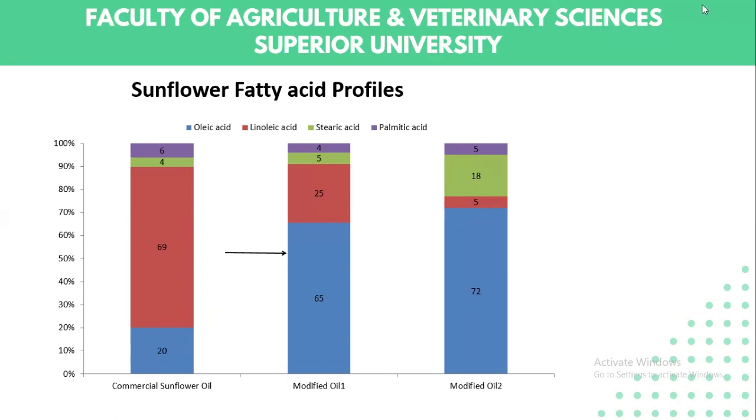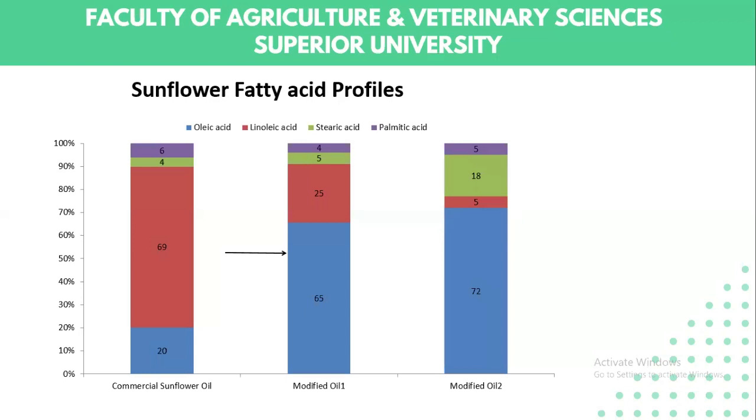You could see here that the mid oleic acid oil is very tasteful. It contains 50 to 60% oleic acid and has a very good taste. This oleic acid percentage matches olive oil.